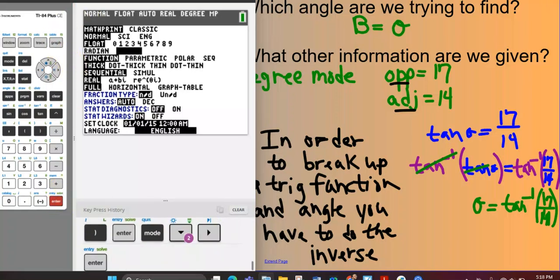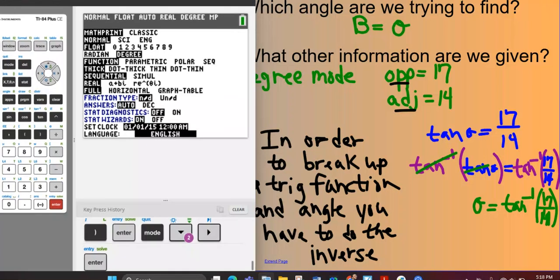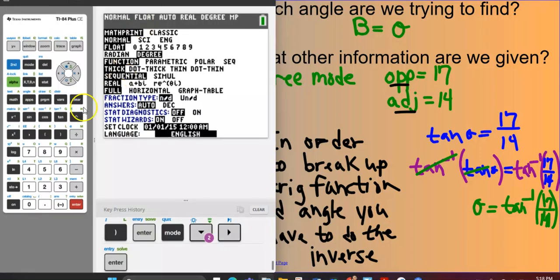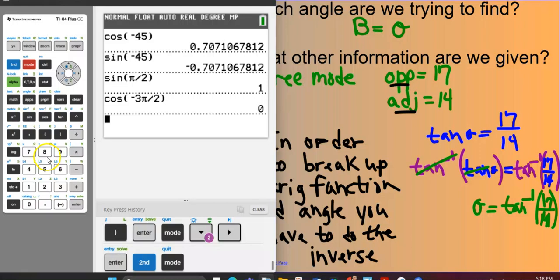All right, so now we need to make sure we get to the home screen and put this in there. So we're gonna hit second mode. We're gonna do tan inverse. So it says tan inverse of 17 over 14. Tan is here, tan inverse is in blue.